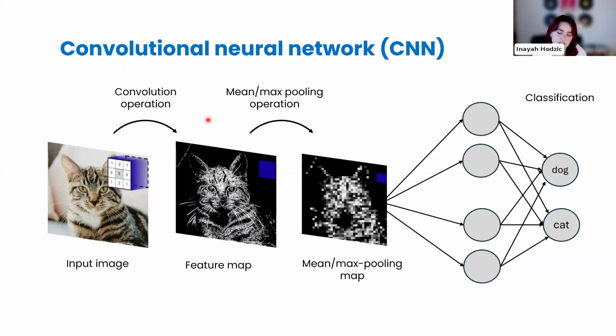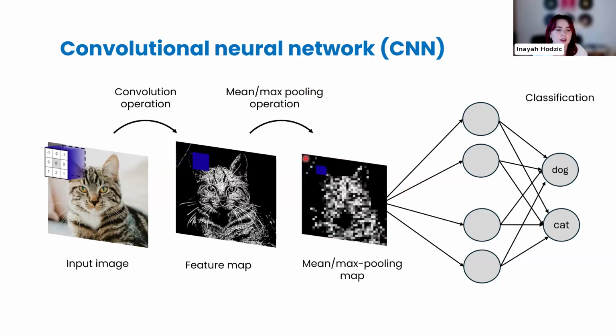So it may start with detecting contrasts and edges and corners, and eventually through multiple layers, build up to very complex features such as recognition of the eyes or the nose or the ears in this case. And then you also might have certain pooling operations like a mean and a max pooling operation in order to compress the feature maps that can become very large and computationally heavy.